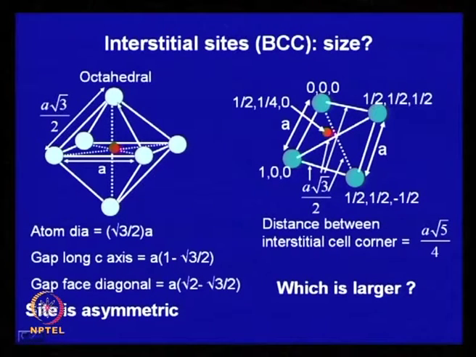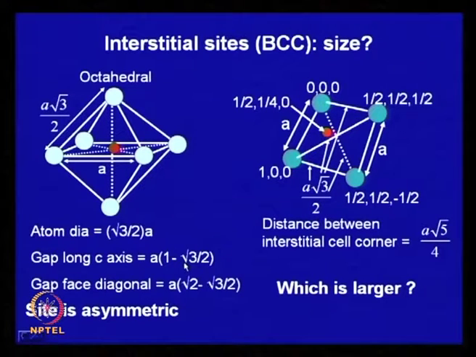Now, this distance between this atom and this atom is equal to a, and therefore the gap along c axis will be this distance a minus this atomic diameter, because half of this atom and half of this atom add together to one atom. So one atomic diameter you subtract, you get the gap along c axis.